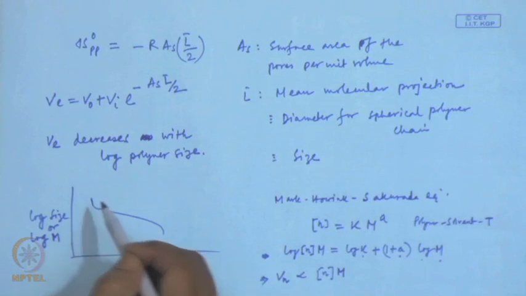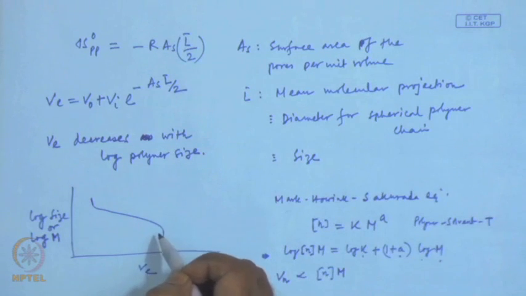Now, these two regions are the exclusion limit and the cutoff.